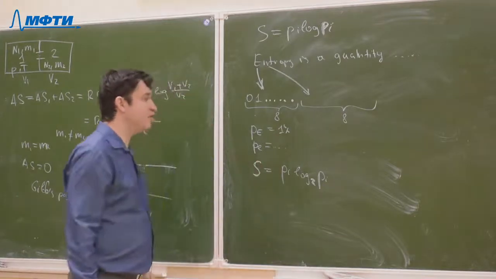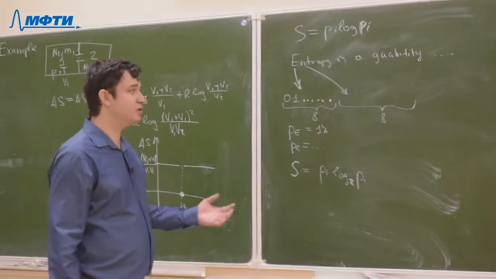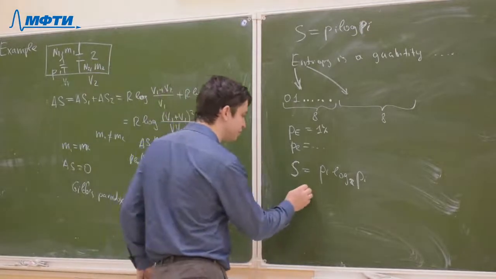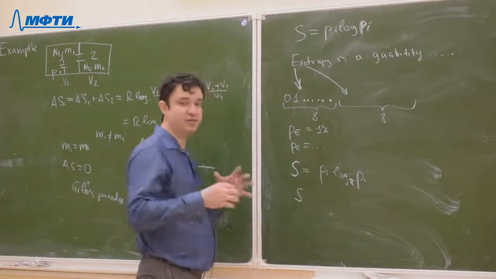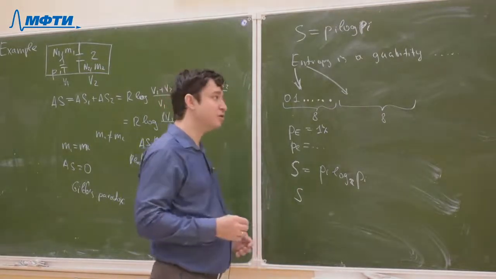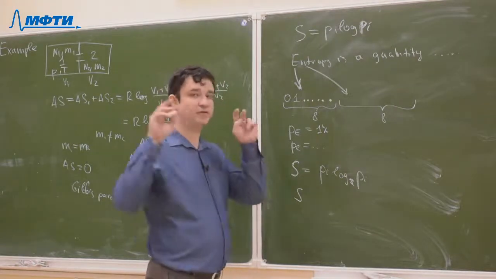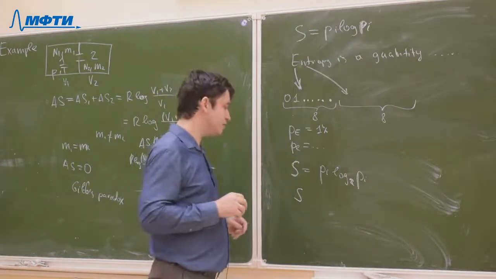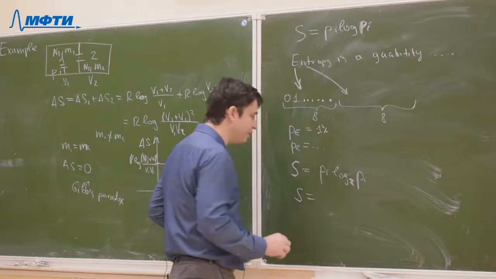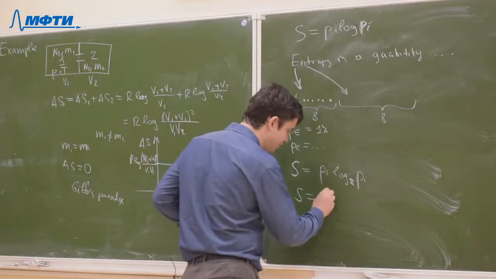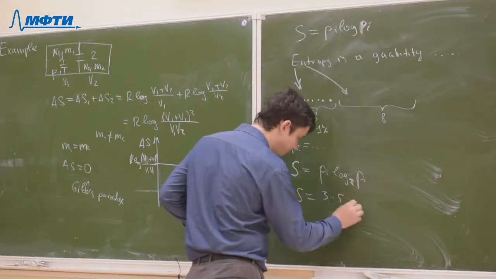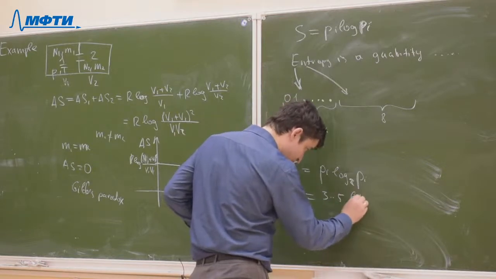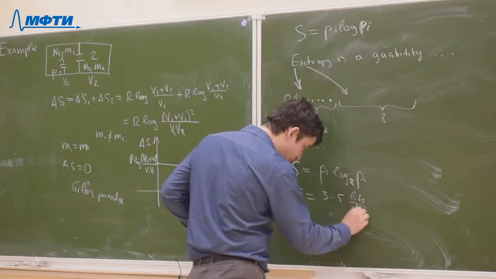And it can be found that for a simple English text, as long as this text is long enough to be considered a thermodynamic system, the entropy of the text is about 3 to 5 bits per character.